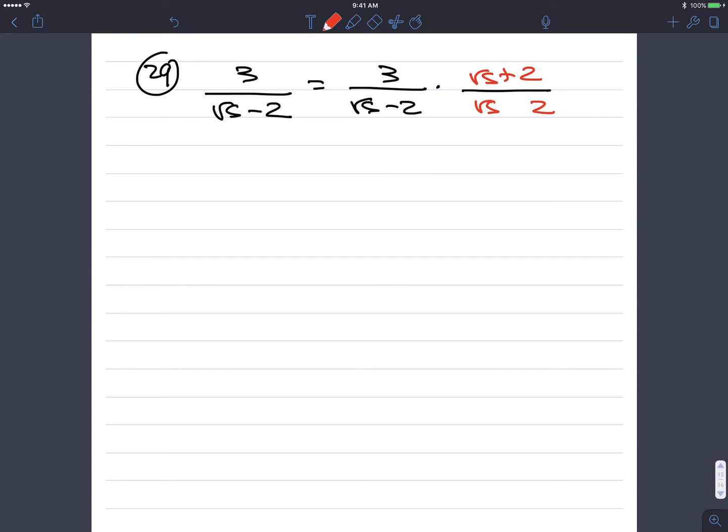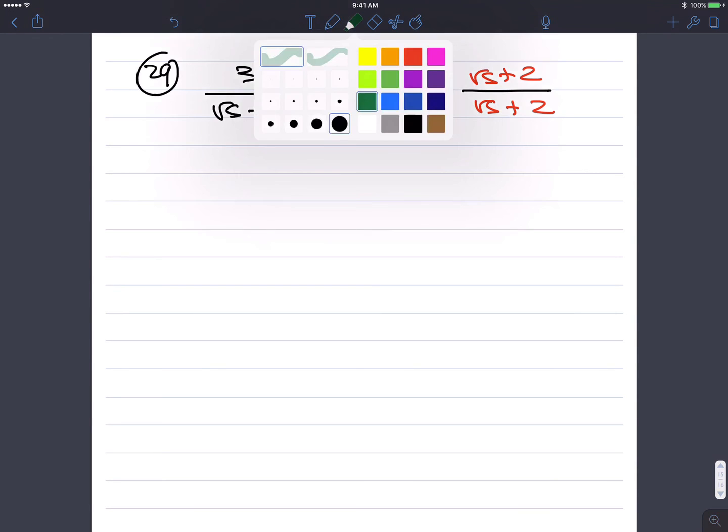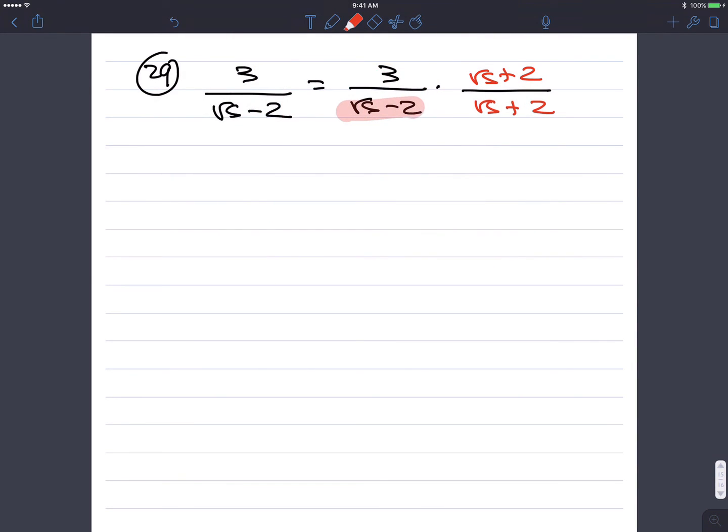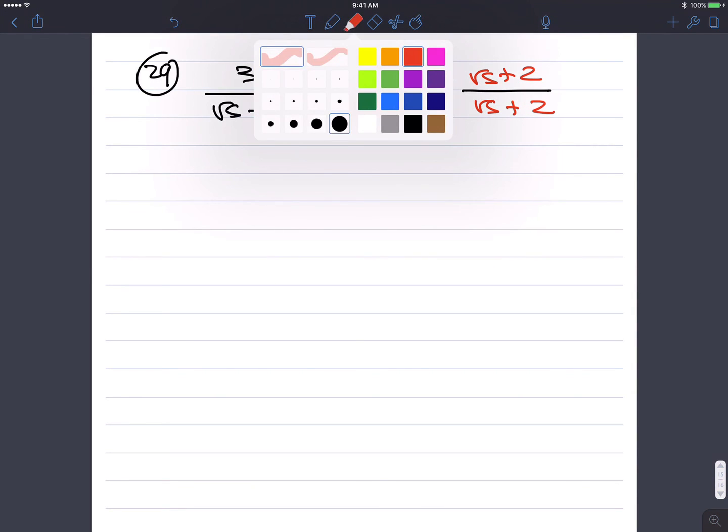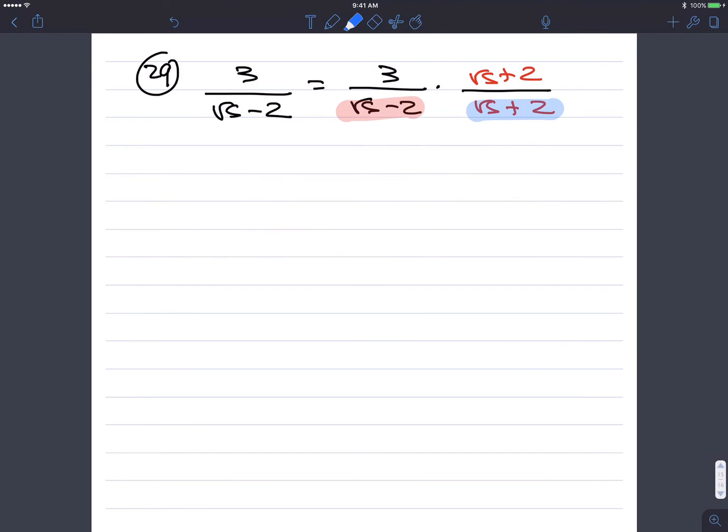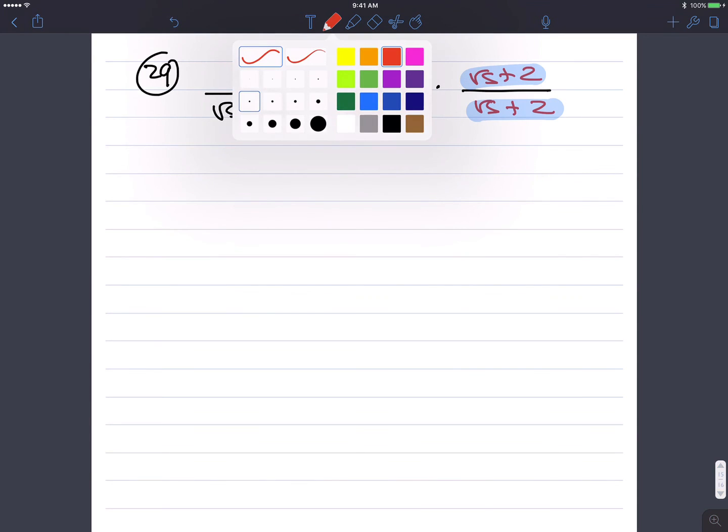We're going to add. The conjugate is what you see here.